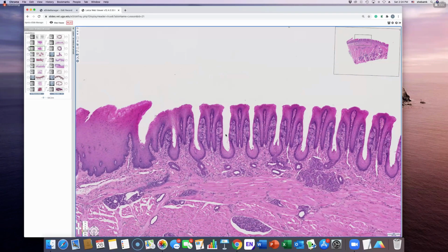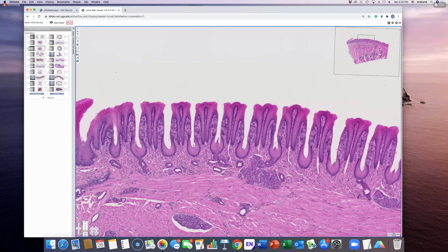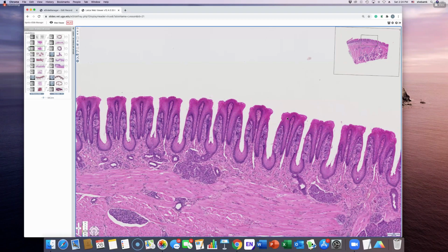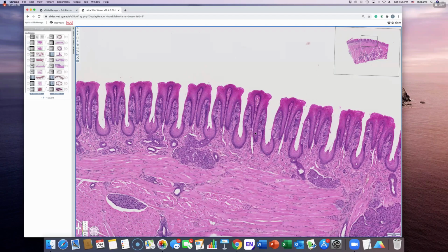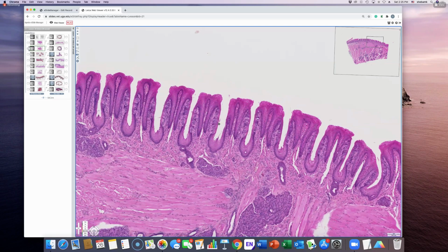Okay, what are these structures? Papillae. Okay, and by the shape of these papillae, you can call them foliate papillae, because they look like leaves.